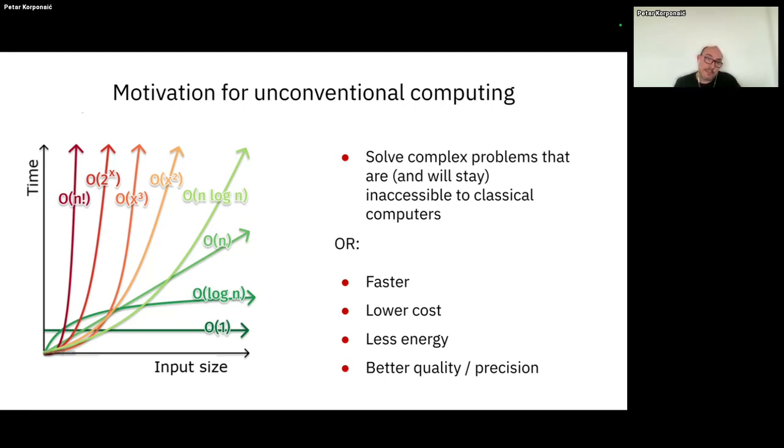For example, this leftmost red line has complexity too high for any classical digital computer, and as the problem size increases, the time required to solve the problem is too long, practically impossible, for problems which have this factorial complexity.